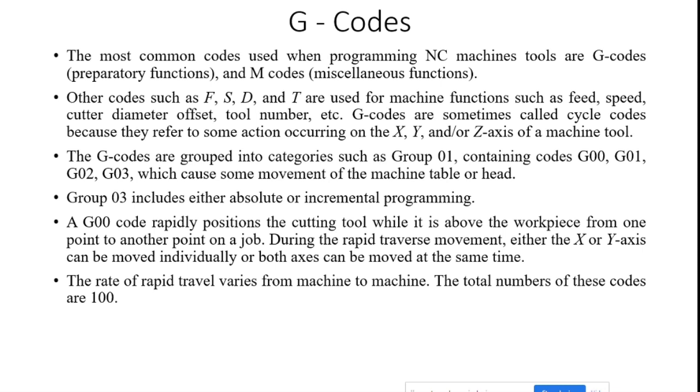Here, G codes are sometimes called cycle codes because they refer to some action occurring on the X, Y and Z axis of a machine tool. Here, X, Y and Z are the coordinates that are available with the machine axis.